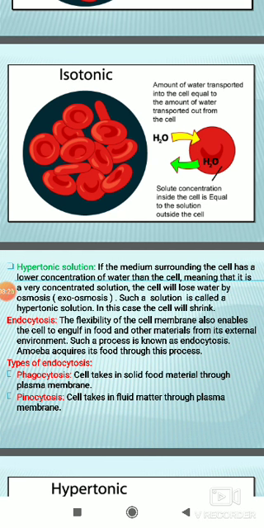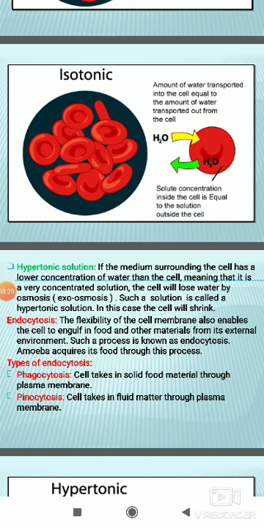Now endocytosis is of two types. The first one is known as phagocytosis, which means that the cell takes in solid food material through the plasma membrane. So if any kind of solid thing is passing through the plasma membrane inside the cell, it is said to be phagocytosis. On the other hand, the other kind of endocytosis is pinocytosis.